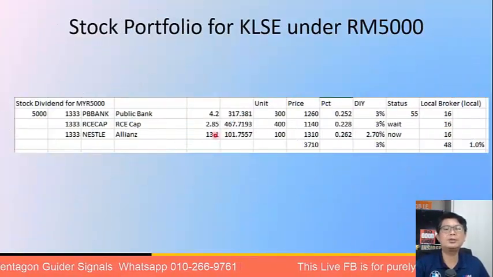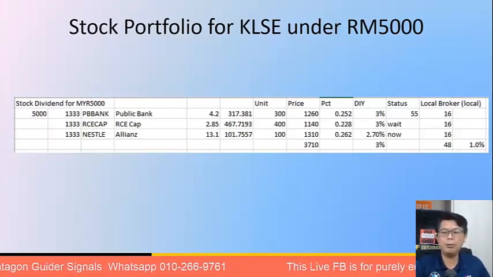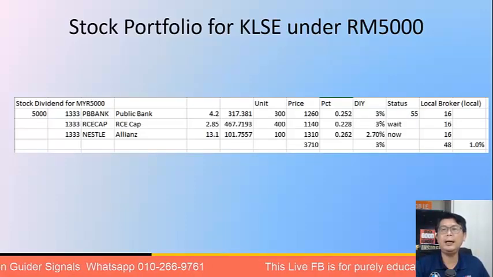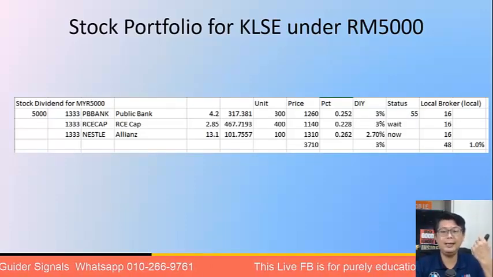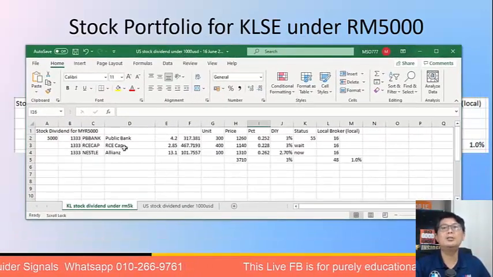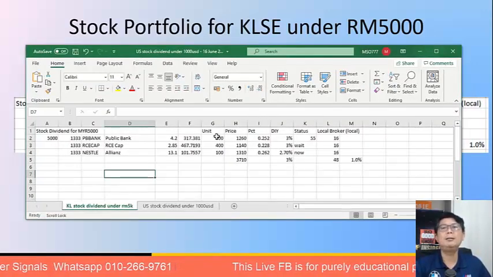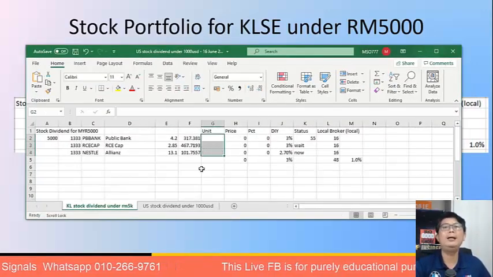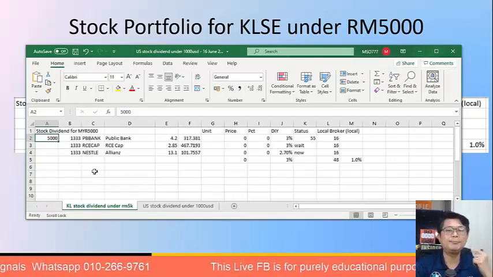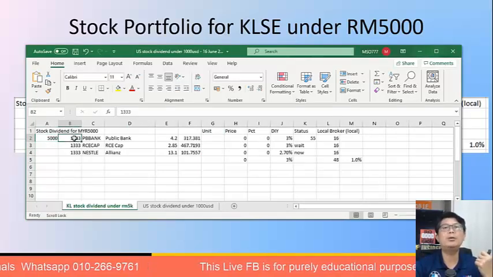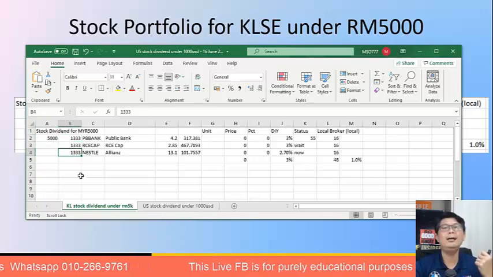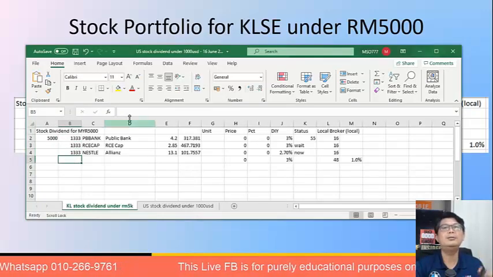So you look at this stock portfolio for under 5,000. So I'll bring up the Excel. Right, I'm going to share with you how we do that. So you can take a picture of this one here. All right, but I'm going to show it here. So this is the actual spreadsheet here. So let me just take this one out of the way. So you have 5,000 ringgit. You divide by 3, so it's 1,333 here.